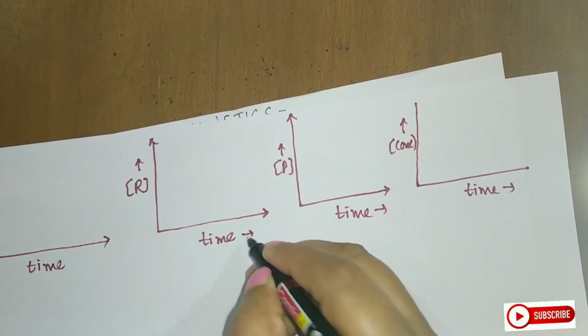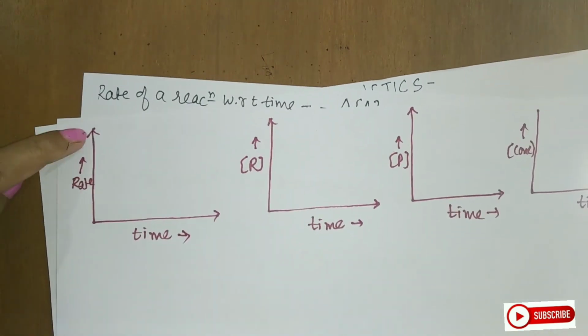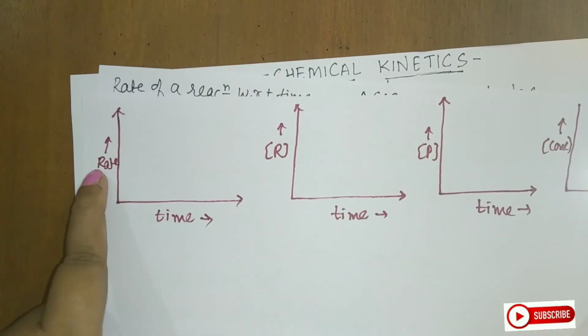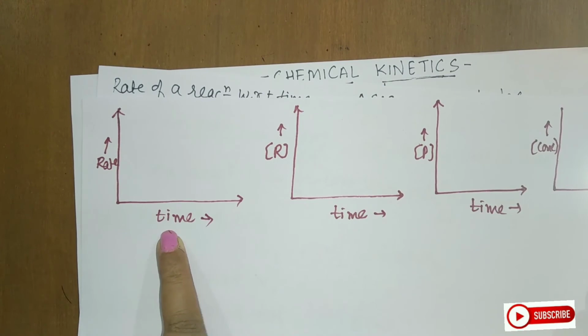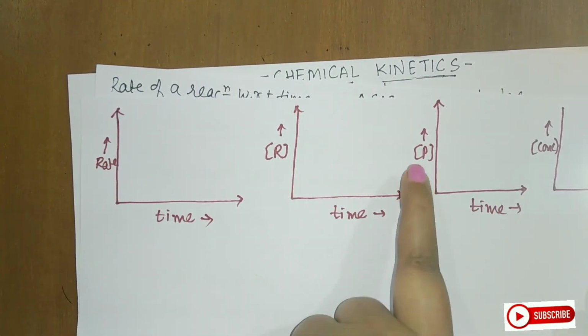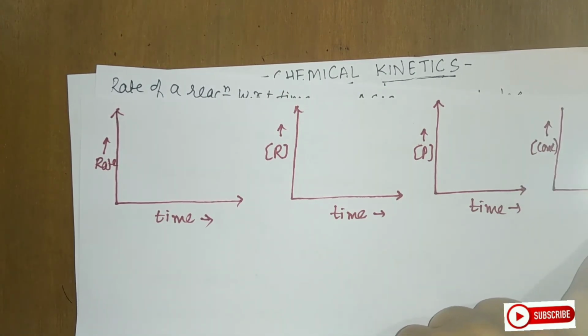Now students, the first and very important rule: when you draw the graph, your y-axis is named first and then x-axis. So I will call the first graph rate versus time, concentration of the reactant versus time, concentration of the products versus time, and concentration with respect to time.